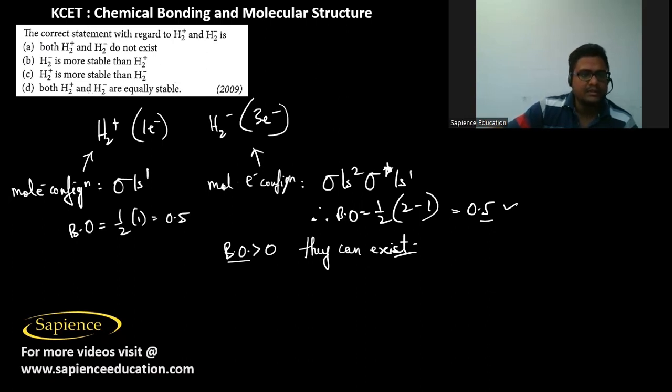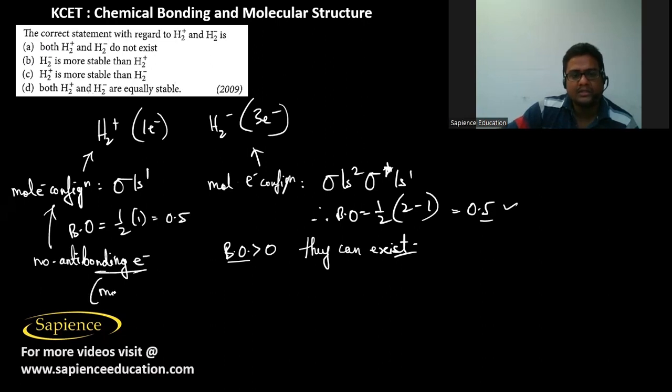But here, since H2 plus has no antibonding electron, it means that it has no electron in the antibonding molecular orbital, so it is more stable.